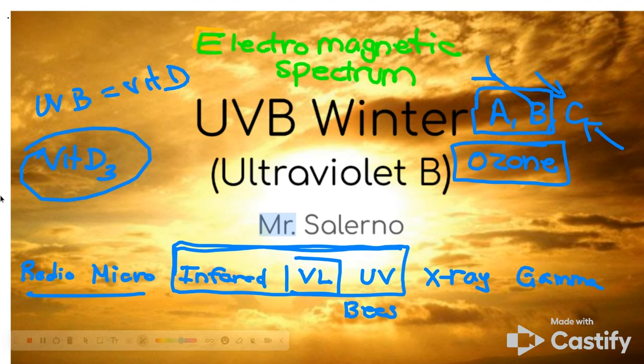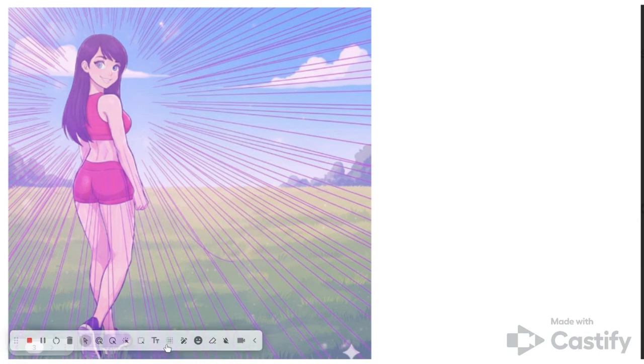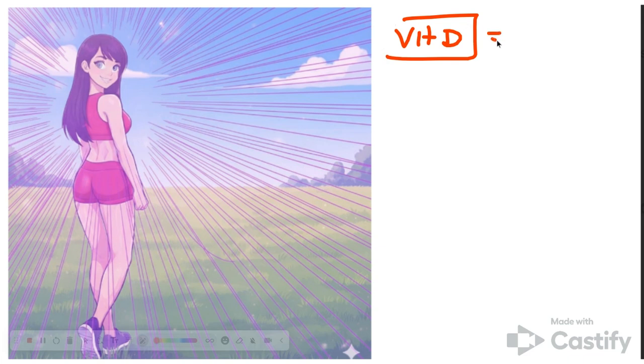So let's get a clean page here. So here we have Maria, and she's been in my videos before with her friend Brock. So how does this happen? The thing about vitamin D is it's the only vitamin we get from the sun. Only one.